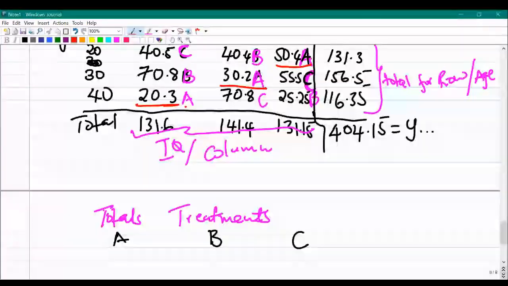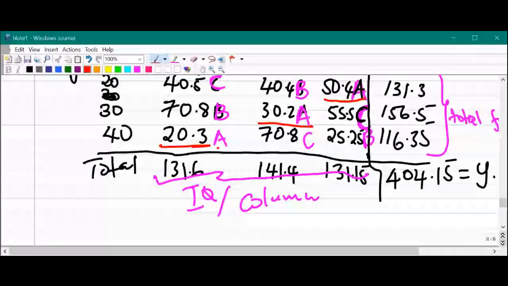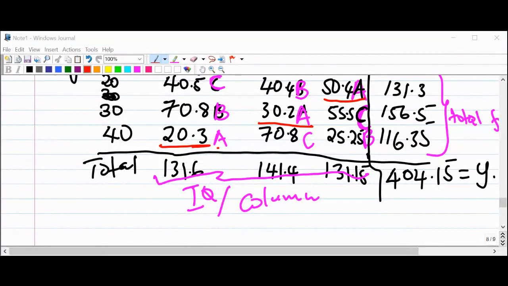Are you able to see the document? So let's find the total for A. The total for B. Wherever you see a number attached to B, you add everything.